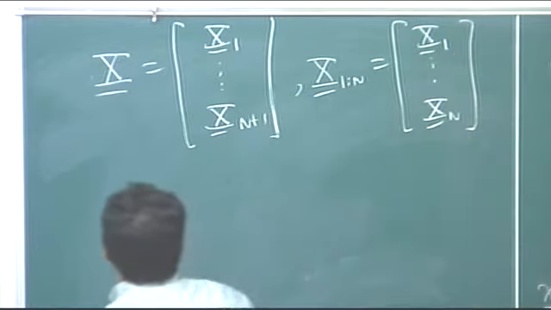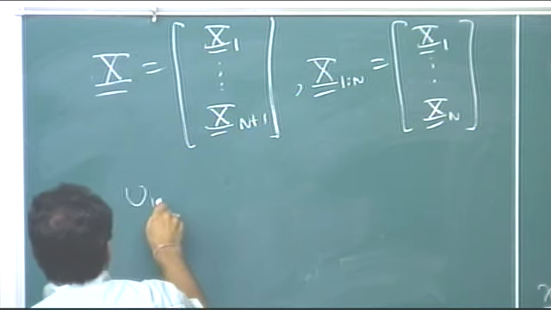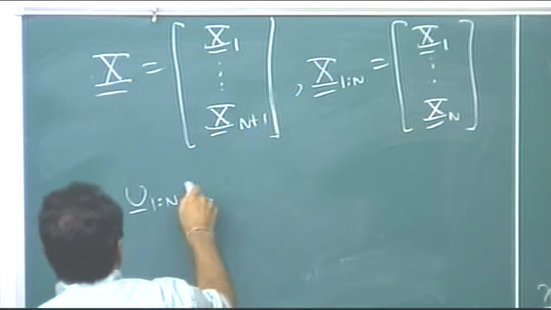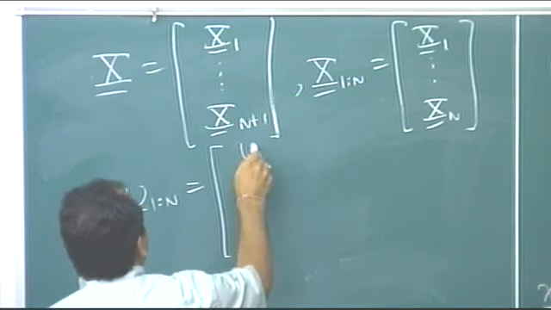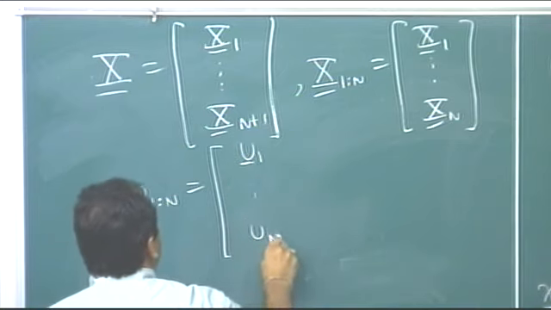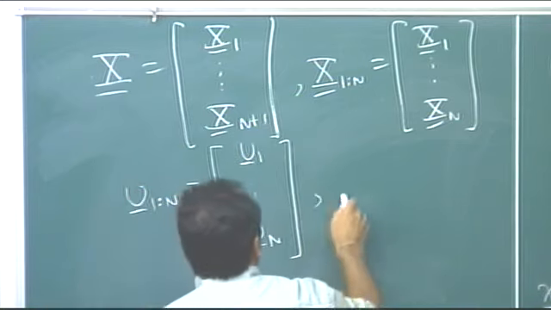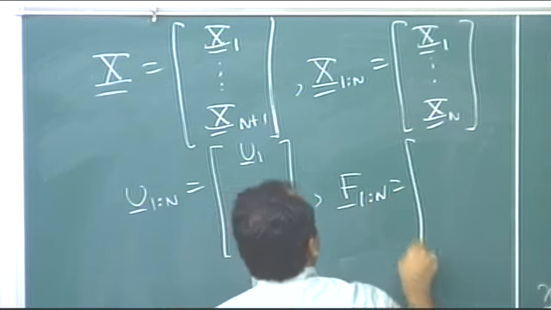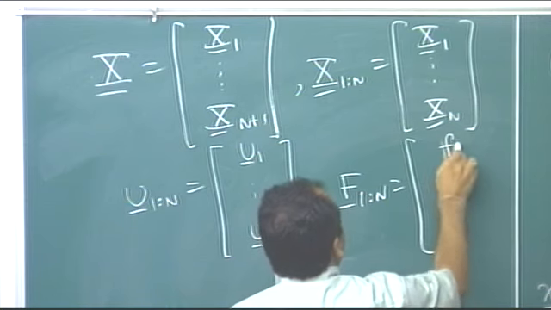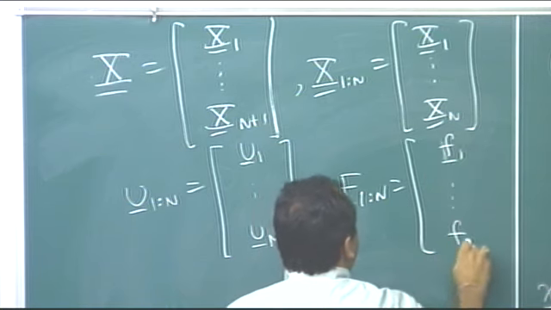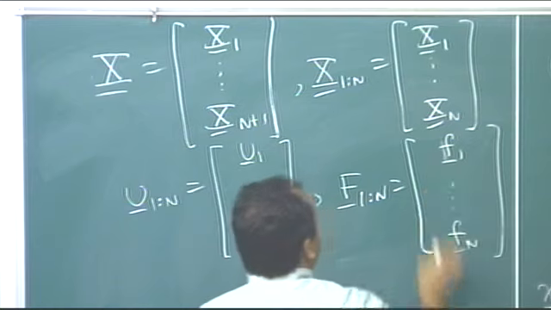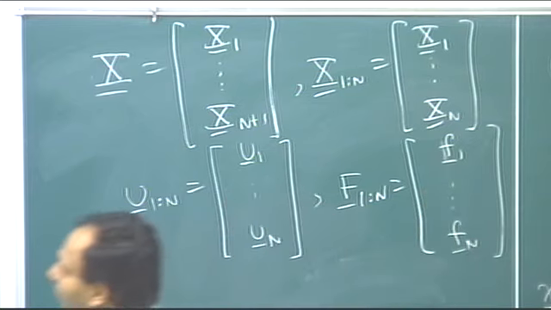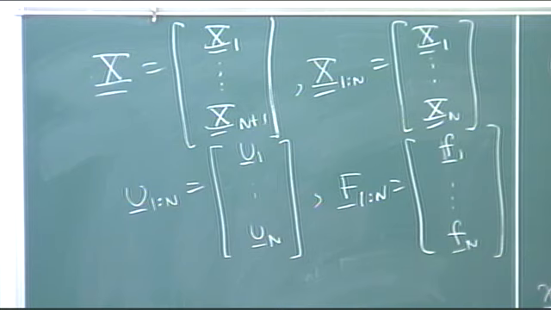And the same thing with u. You get u, which is being evaluated at 1 to n, is equal to u1 all the way up to un. And then lastly, you do the same thing for f. F is only evaluated at the quadrature points. So you get f1 all the way up to fn, where these are abbreviations. F1 is f of x1 u1, and f2 is f of x2 u2, etc.